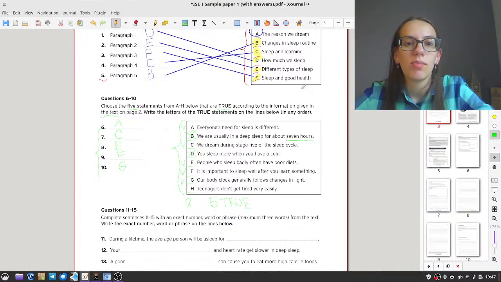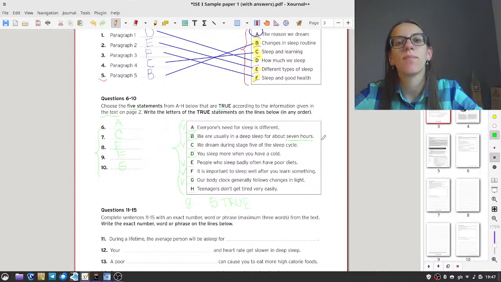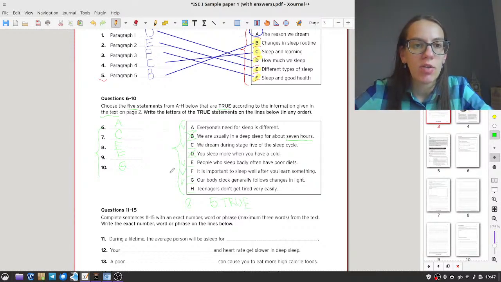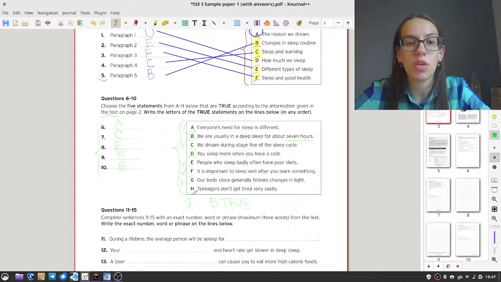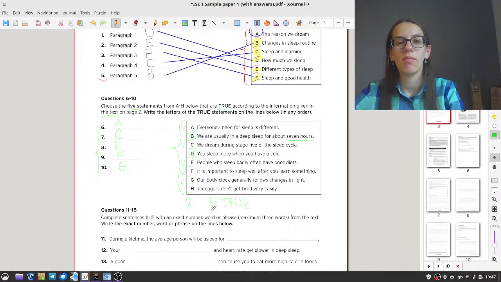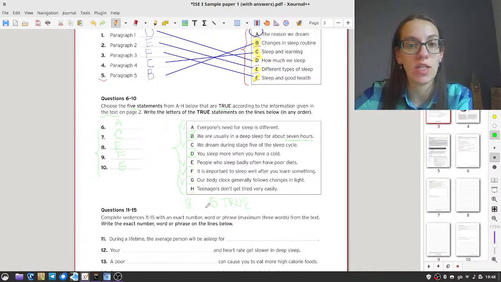Maybe you know that they're generally true, but according to the text, you can't find this information. So it looks like we've already got 5 true statements, but we still need to make sure that H is not true. Because if it looks like it is true, then it means we've done something wrong.